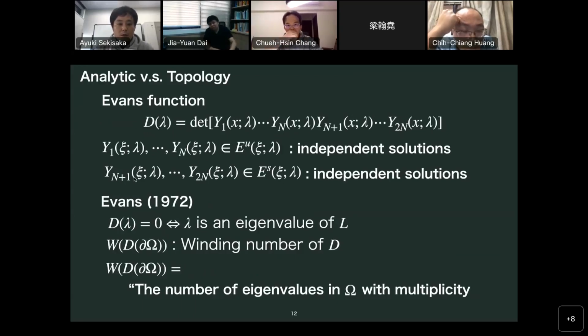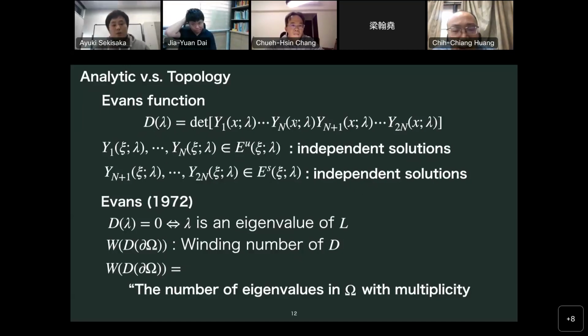And yn plus 1 to y2n are in the stable subspace, and these solutions are independent in E^S. Each is an independent solution of its subspace, and we can take such solutions and define the Evans function D of lambda as the determinant of these solutions.